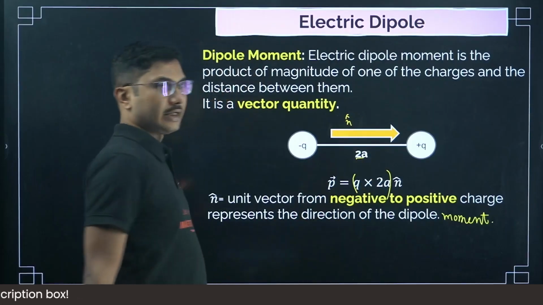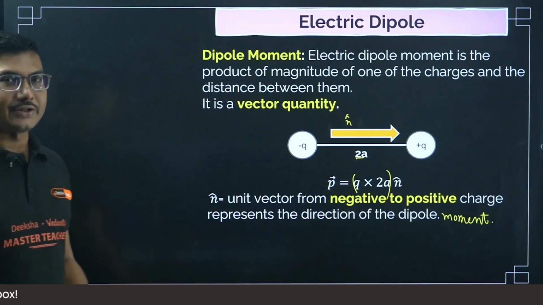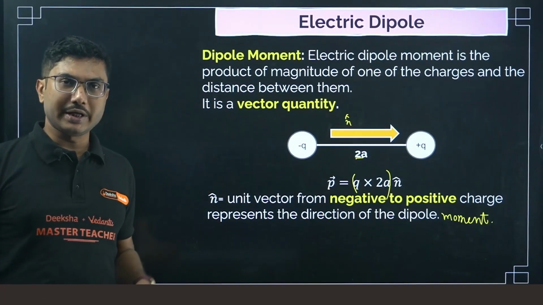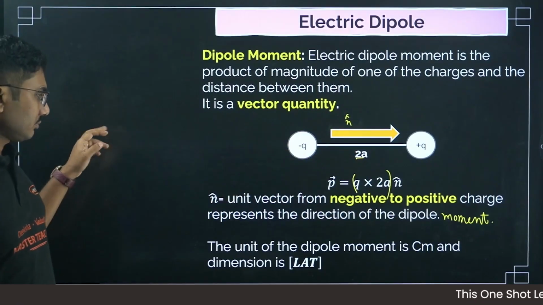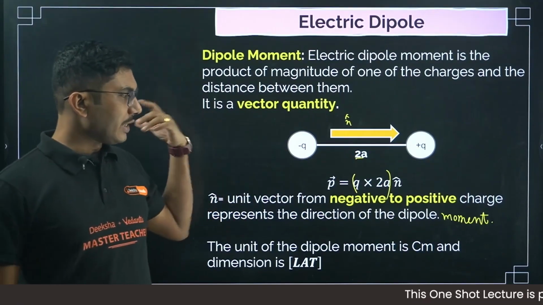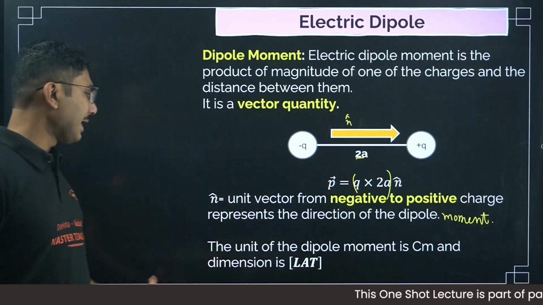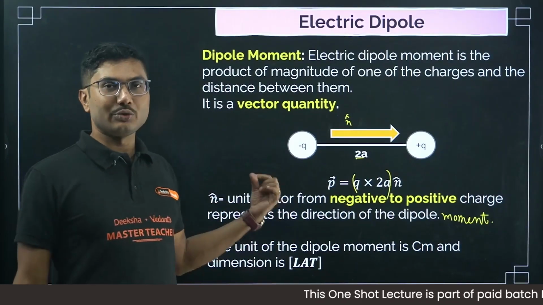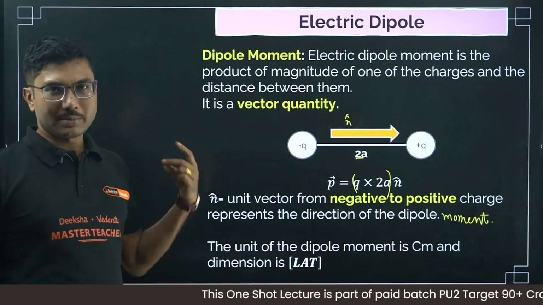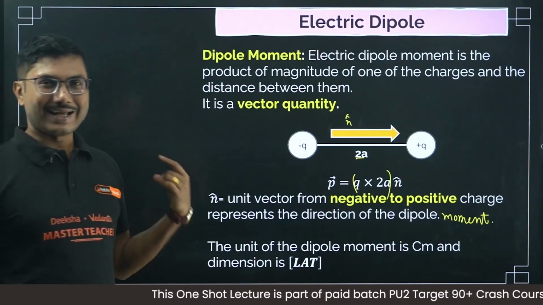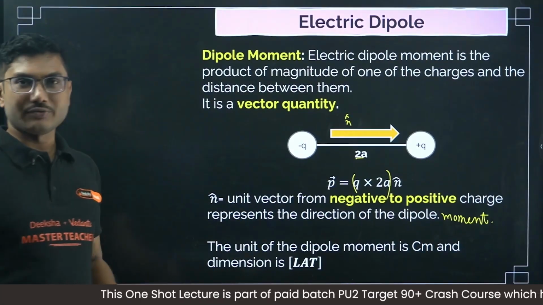It's a unit vector, which basically gives the direction. So dipole moment is a vector quantity pointing from negative to positive. The unit of dipole moment is coulomb meter, and its dimension is L into A into T. You can remember it as LAT: L is for length, A is for current, and T is for time.